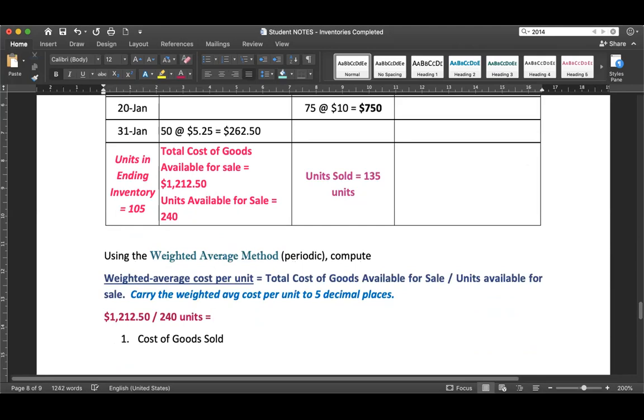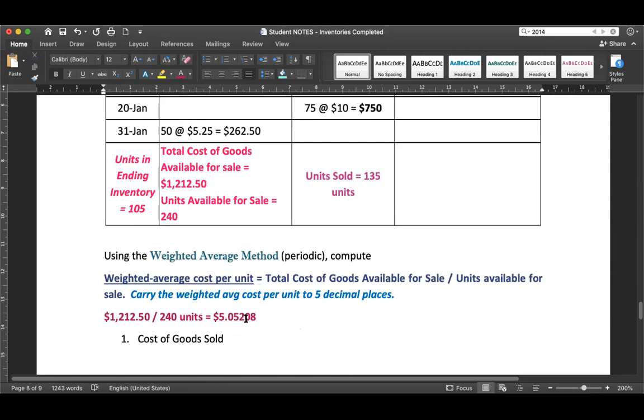So this means 1212.5 divided by 240, and that gives us 5.05208. Now, I'm telling you here, the weighted average cost per unit, round it to 5 decimal places.